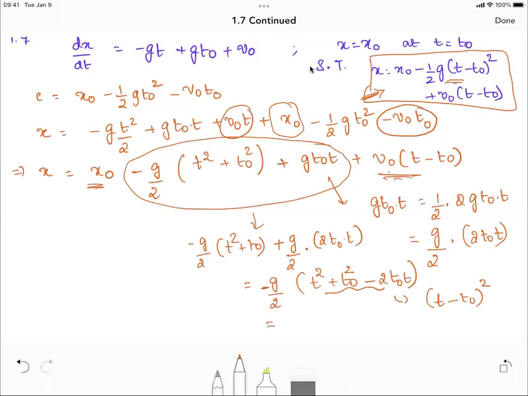So this entire term would be negative g over 2 times (t minus t0) whole square.